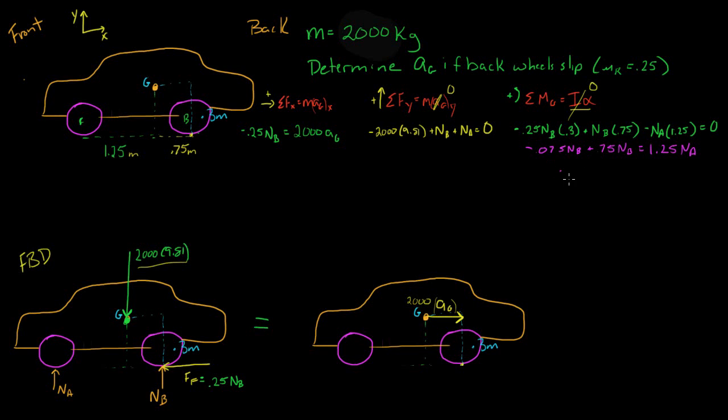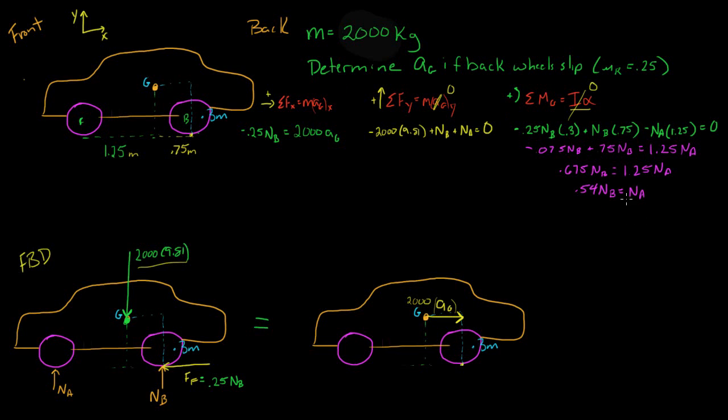So this is going to be 0.675 times the normal force of B equal to 1.25 NA. And we're going to get 0.54 NB is equal to the normal force at A.